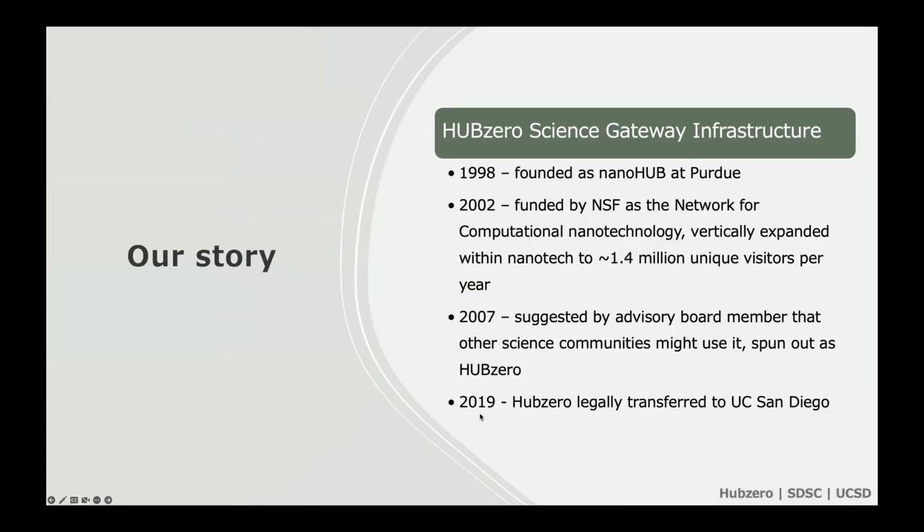Okay, so just a little bit of background. The Hubzero project actually initiated as a follow-on to NanoHub at Purdue University, and over the years it has transformed.